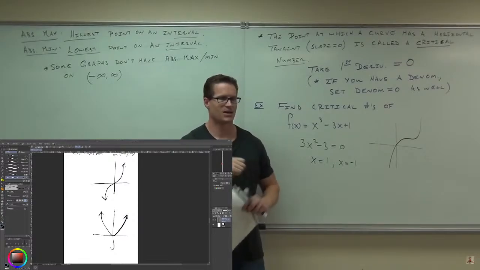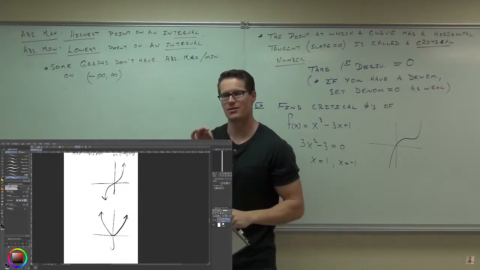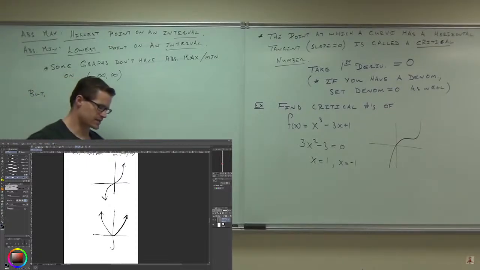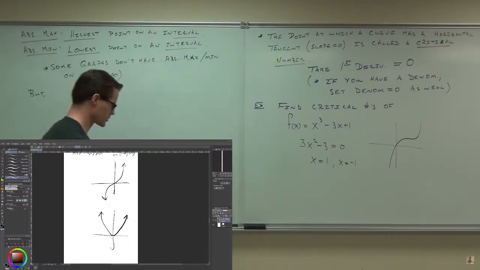Yes? We don't want this idea. That would not. But as long as it's continuous, that's going to happen. So this, not so much. But every function has an absolute max and min, if the function is continuous, on any closed interval.